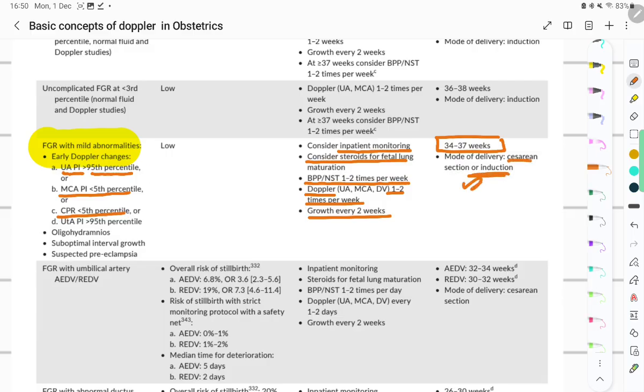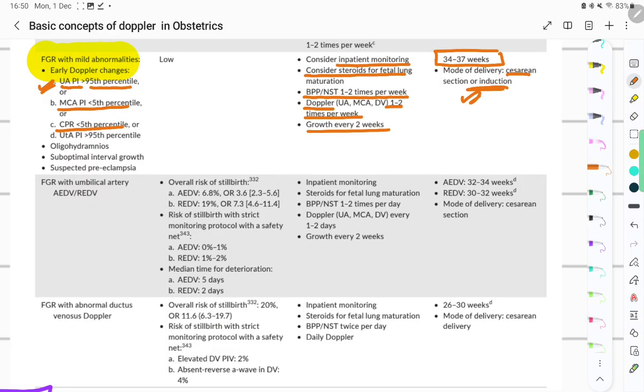So reduced diastolic flow means indirectly umbilical artery PI is more than 95 percentile. For absent or reversed end-diastolic flow, the overall risk of stillbirth in case of absent is 6.8%. This is a question, and reversed is 19%.